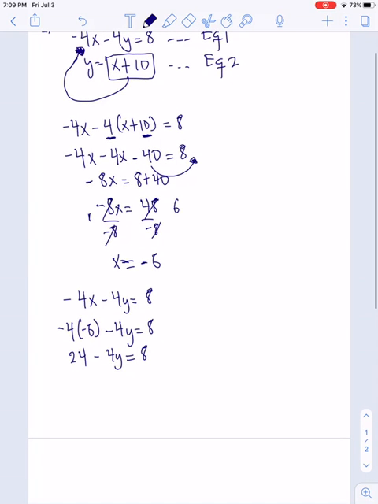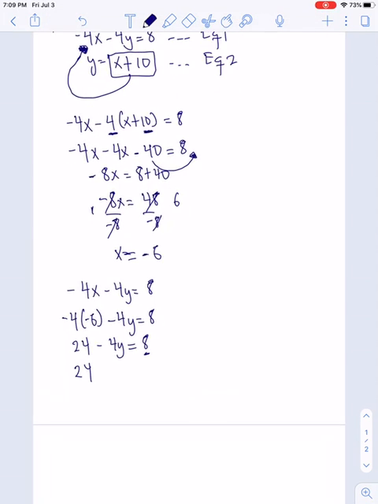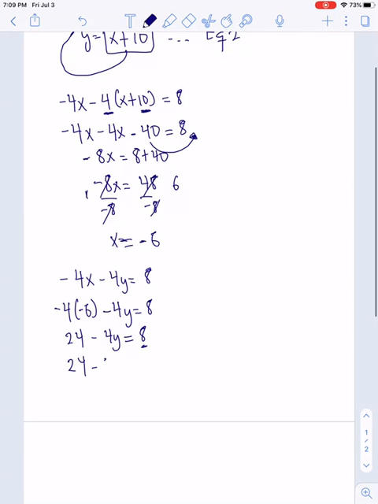So let's go ahead and rewrite this as 24. This is a positive 8. When it crosses over to the other side of the equation, I'm going to get a negative 8. Equals, and this negative 4, when it crosses over to the other side of the equation, it's going to be an opposite charge.